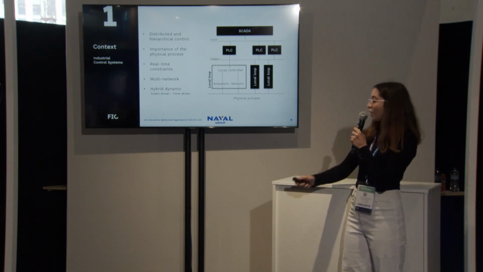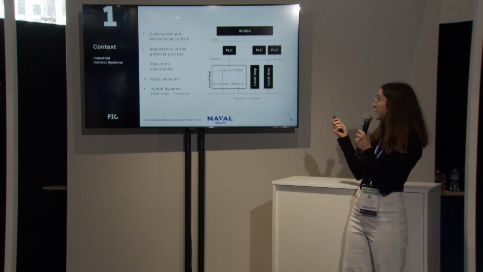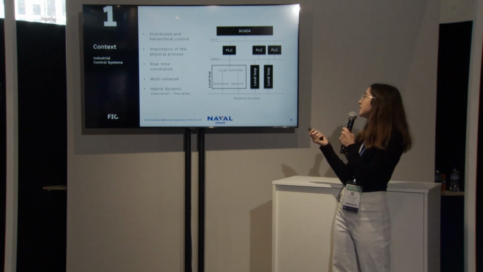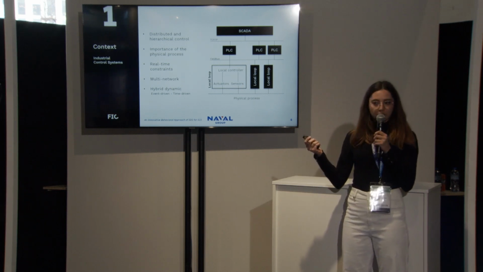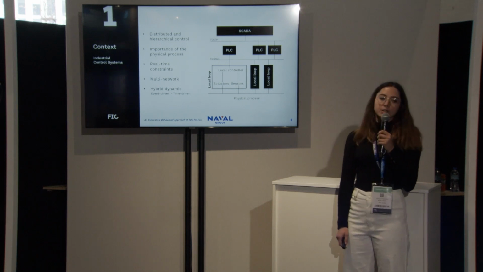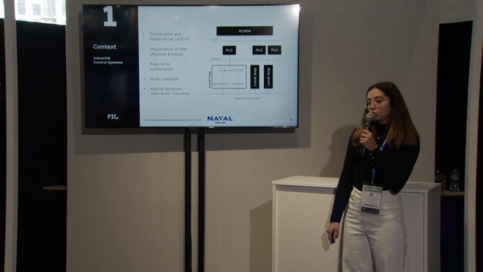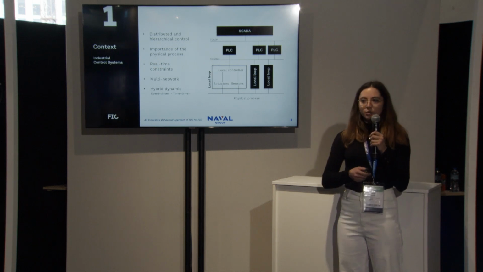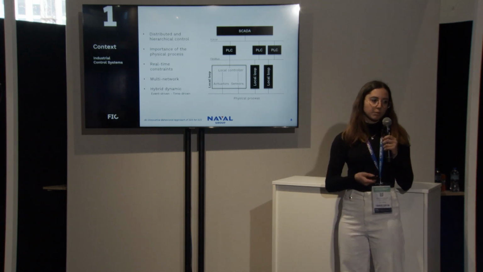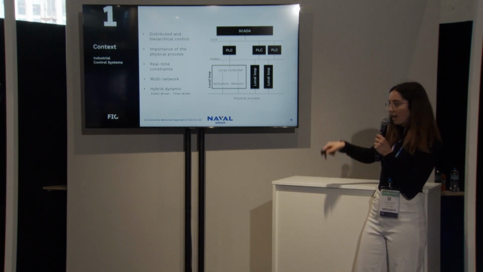The characteristics that you will always find in an ICS is the fact that the control function is always distributed and hierarchical, as you can see in the figure. The great importance of the physical process, of course. Real-time constraints: you will find hard real-time constraints and soft real-time constraints, depending on the level you are at.